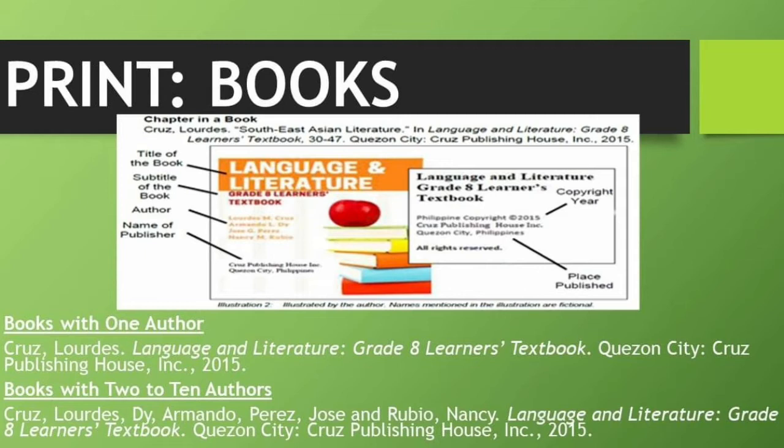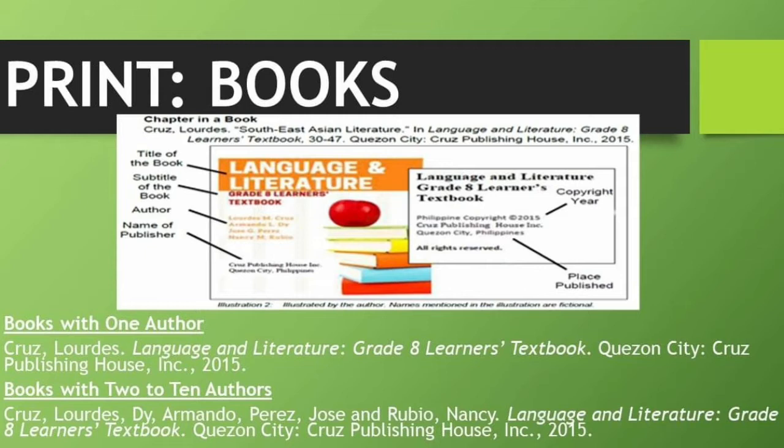And please take note of the names of the authors. It was written in a format wherein the last name comes first, just like what we have here. Cruz Lourdes, comma, D. Armando, comma, Perez Jose, and Rubio Nancy. So those are the names of the authors. Then it was followed by the title of the book and the subtitle.